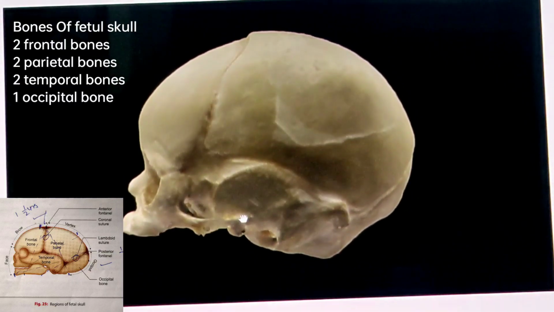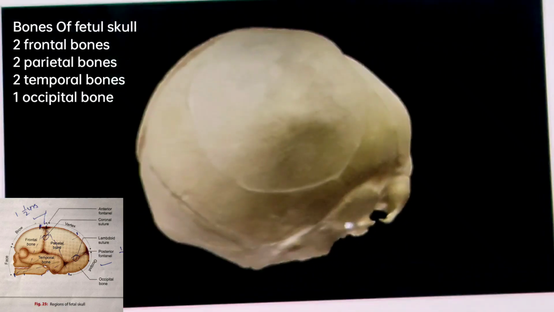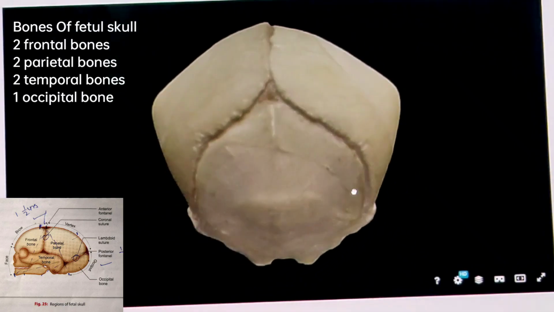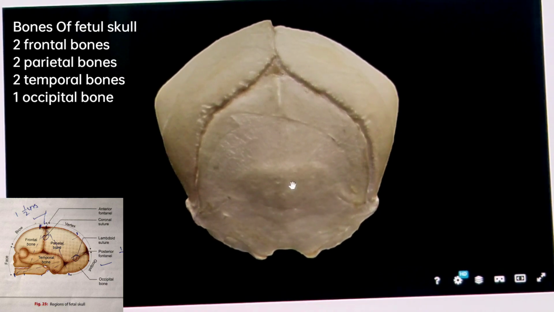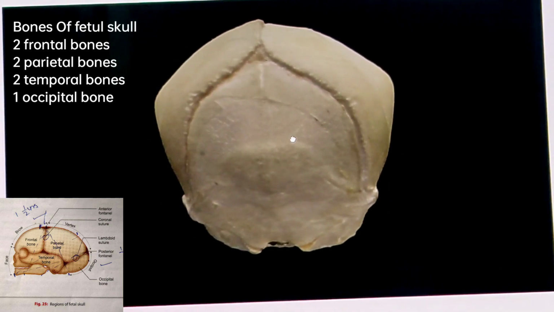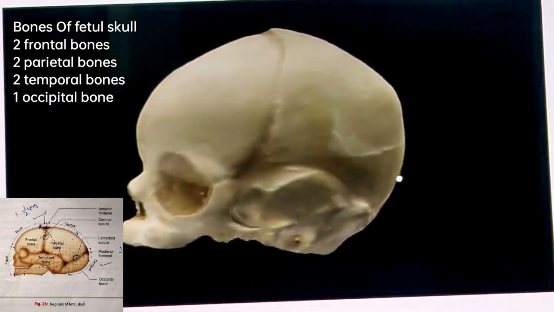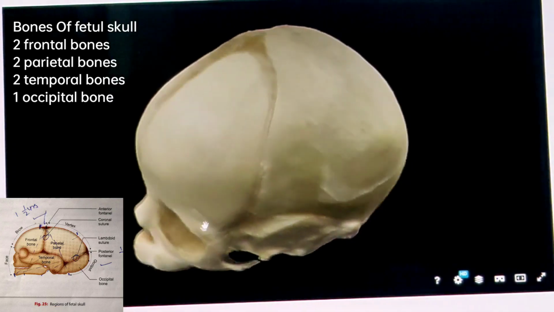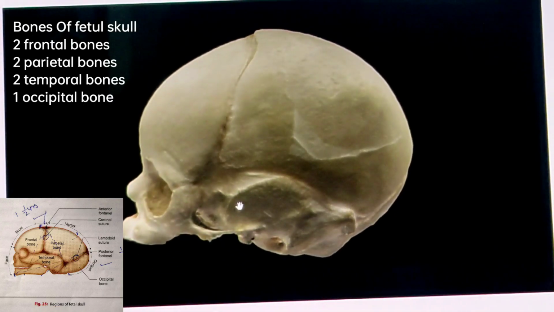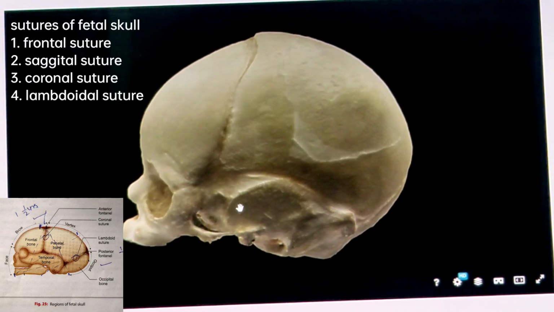This is the first and this is the second temporal bone. And lastly the occipital bone, which is behind the fetal skull. So two frontal bones, two parietal bones, two temporal bones, and one occipital bone.